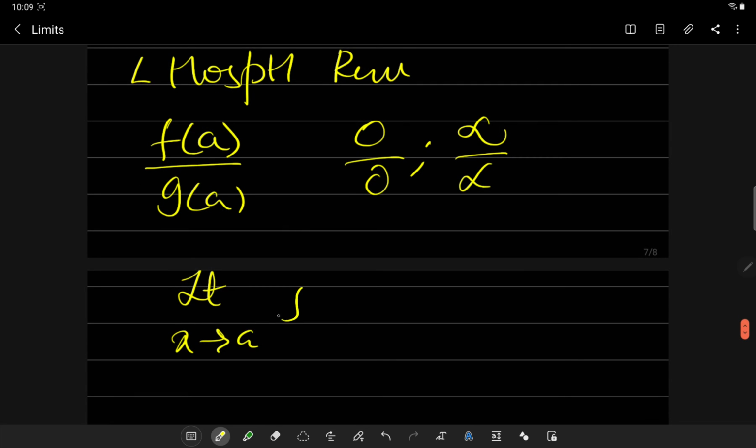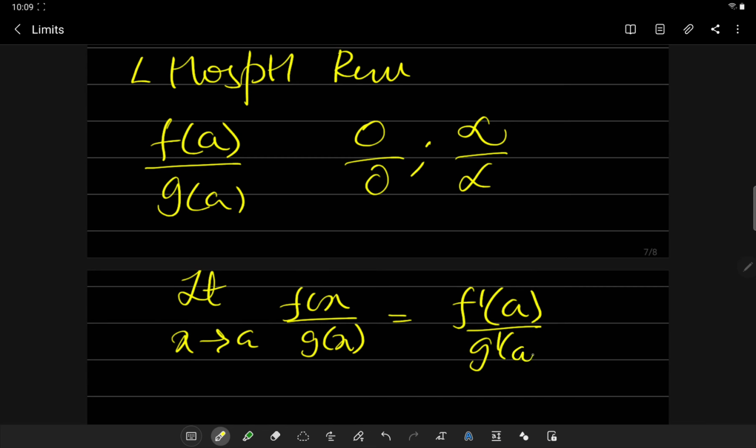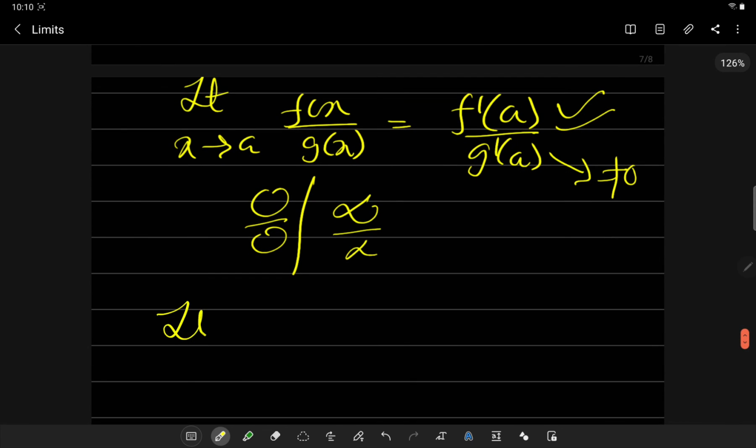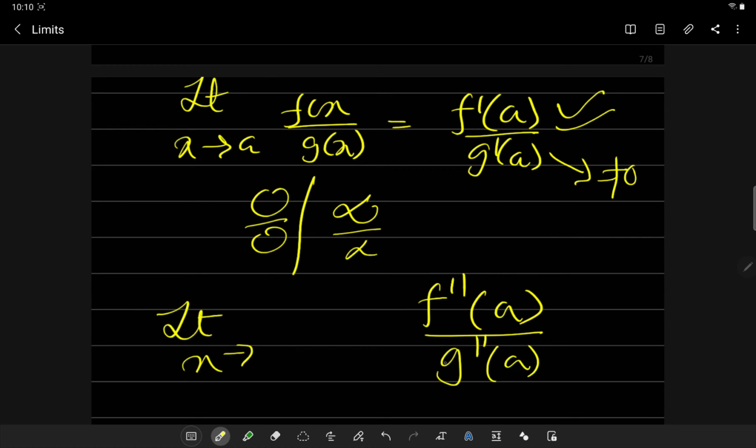So limit x tends to a f of x by g of x will be simply f dash a by g dash a, provided the denominator is not equal to 0. Still, if your limit is in the form of 0 by 0 or infinity by infinity, then you can again consider a double derivative of that to get your limit value.